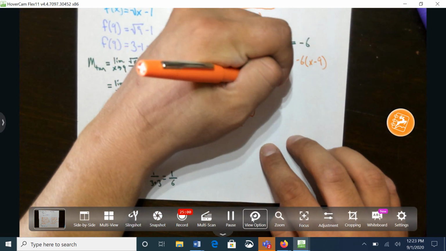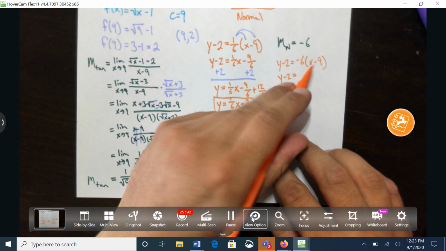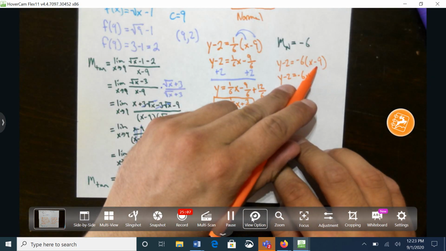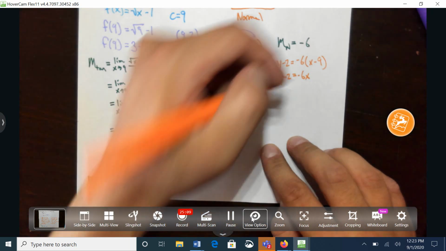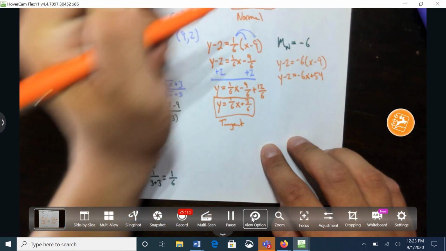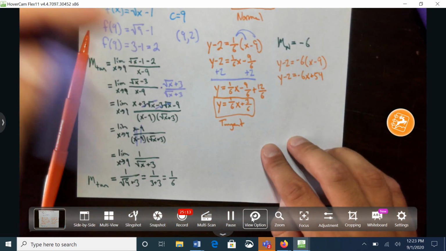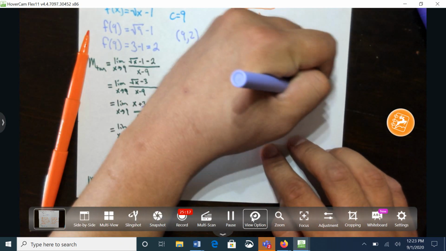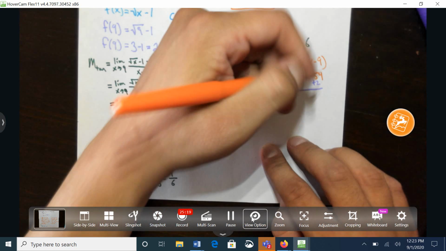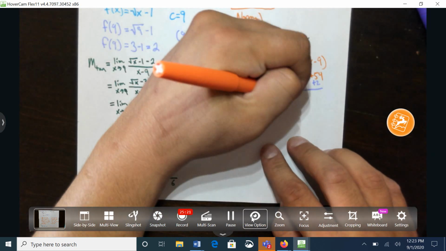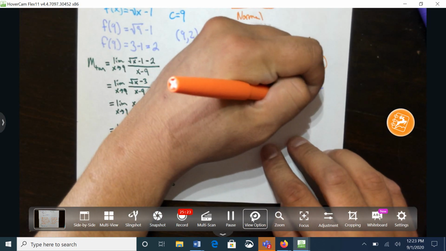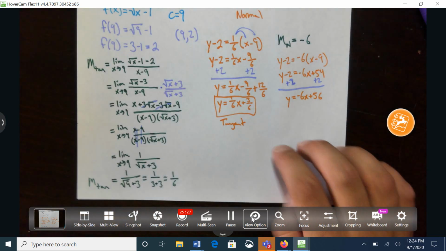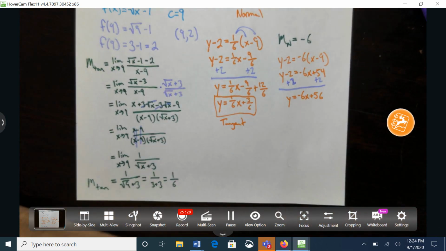So y minus 2 is equal to negative 6 times x is negative 6x. Negative 6 times negative 9 is positive 54. And then add 2 to both sides. So y is equal to negative 6x plus 56.